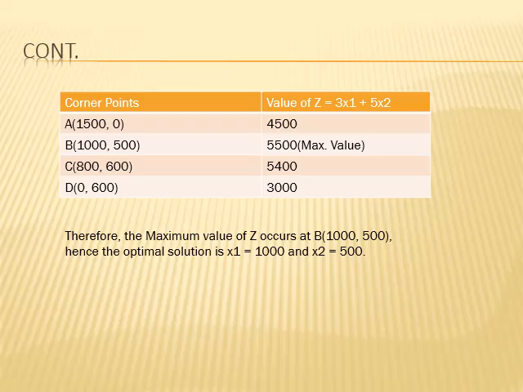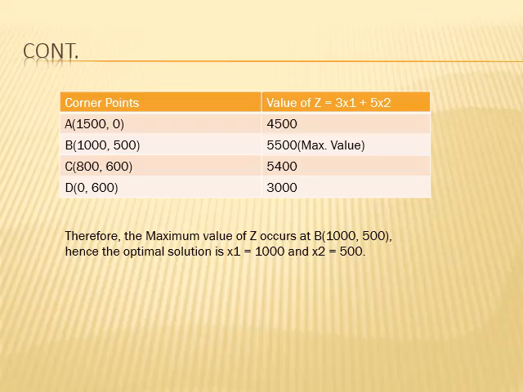So z equals, in this case, 3 times 1000 plus 5 times 500, and we got 5500. Let's move to the next corner point C, where x1 equals 800 and x2 equals 600.